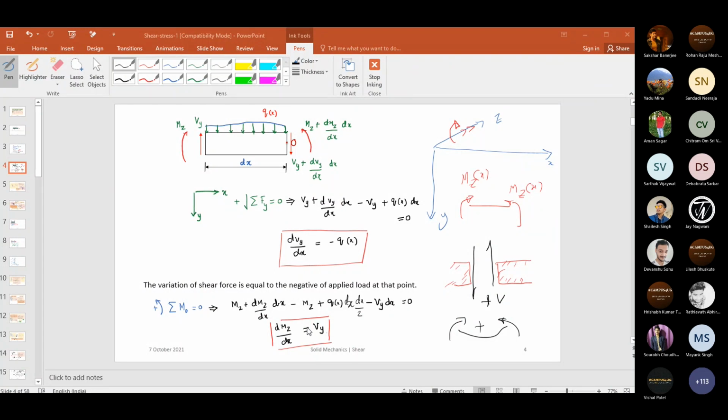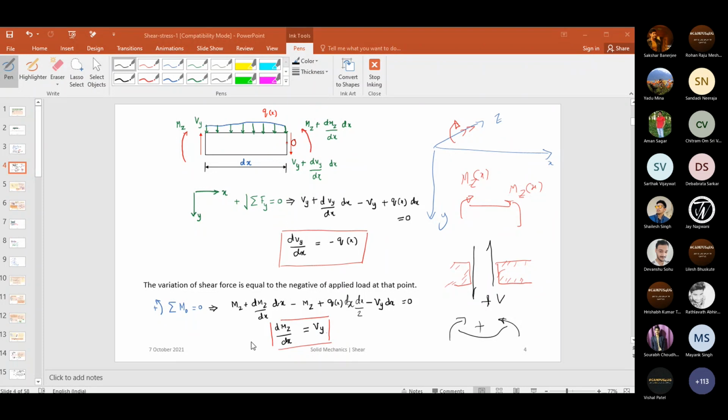It doesn't matter actually what you take, where the resultant is appearing, whether it's slightly left or slightly right, it doesn't matter, because you see I will cancel Mz. And then we will write one more step, then it will be very clear to you that dx by 2 doesn't matter actually.